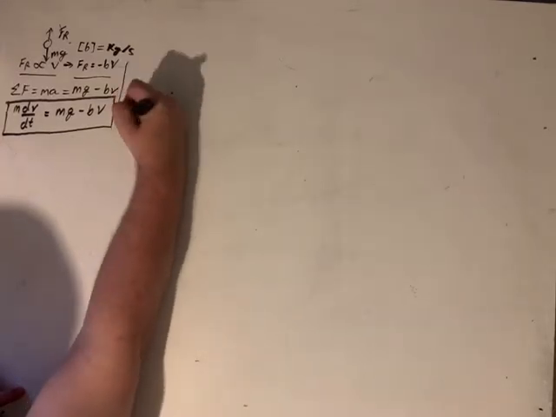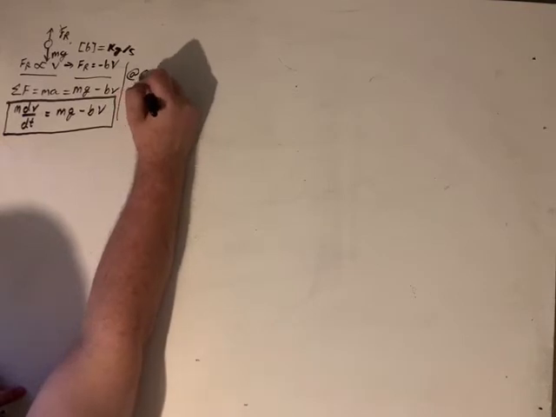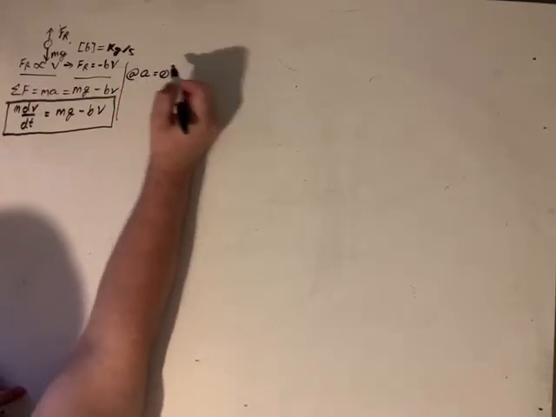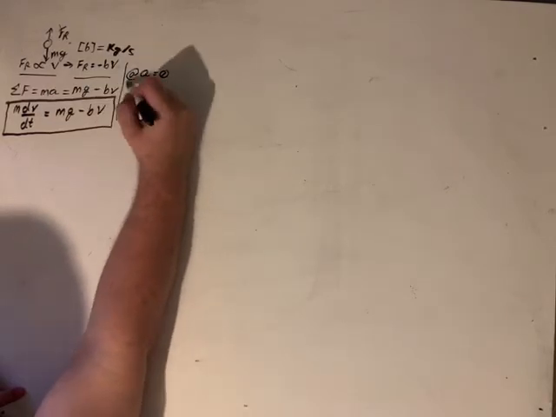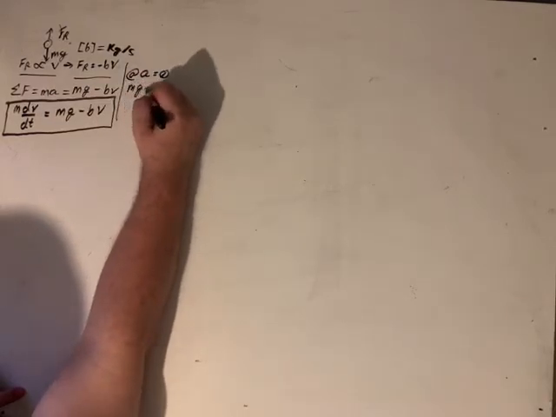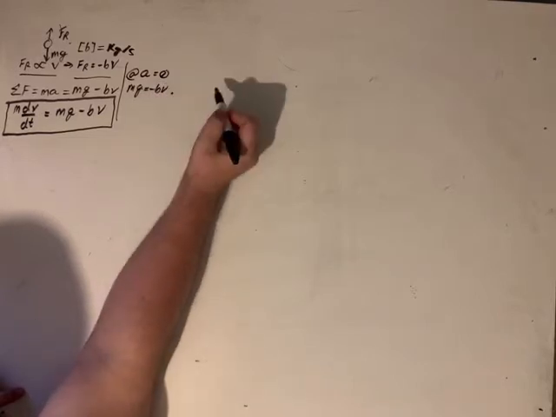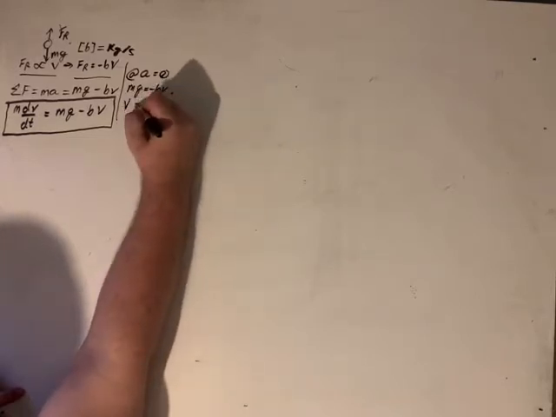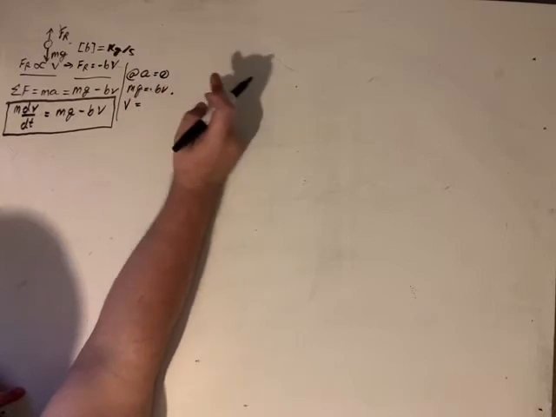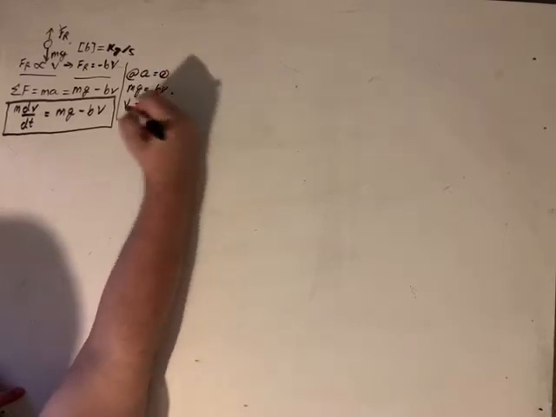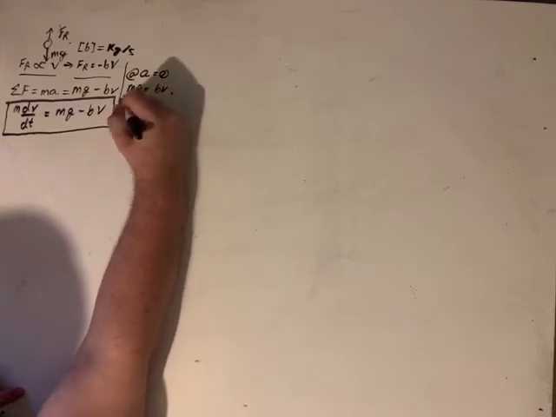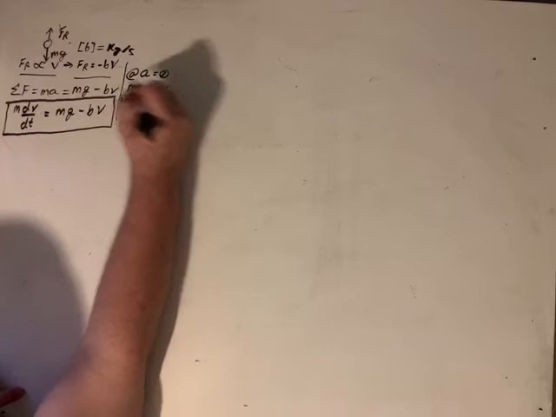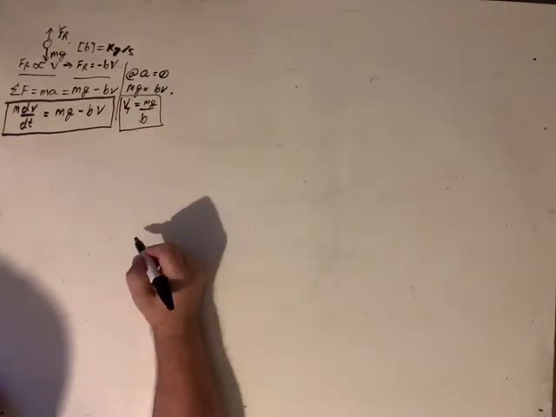So if a equals zero, if this right here equals zero, then we can move mg to the other side of the equation. And we find that velocity in that case, the negative goes away if you rearrange that. In that case, our velocity, which becomes our terminal velocity, equals mg over b. We'll box that in because we'll use that later to make the math a little bit simpler to write out.